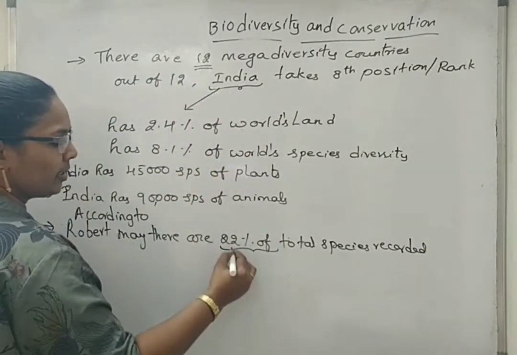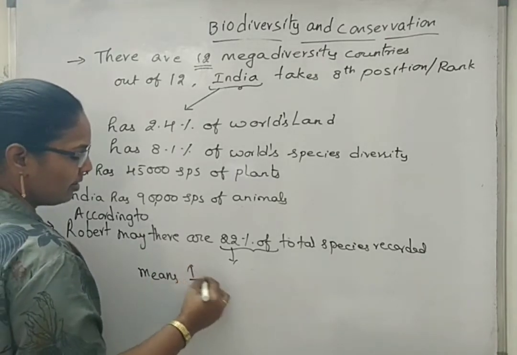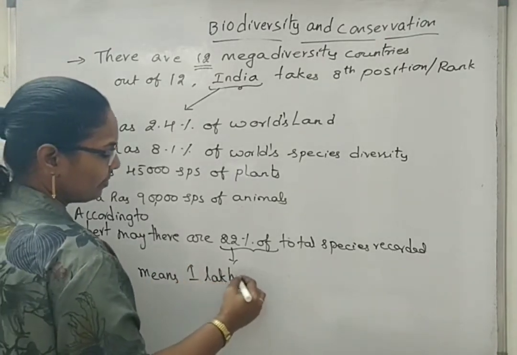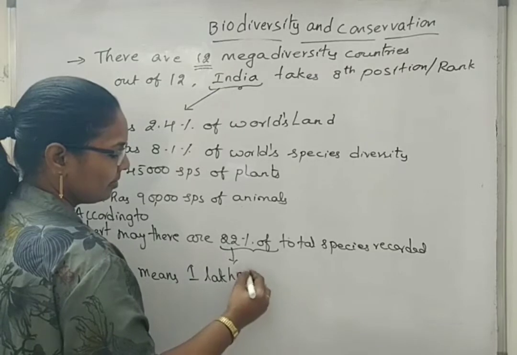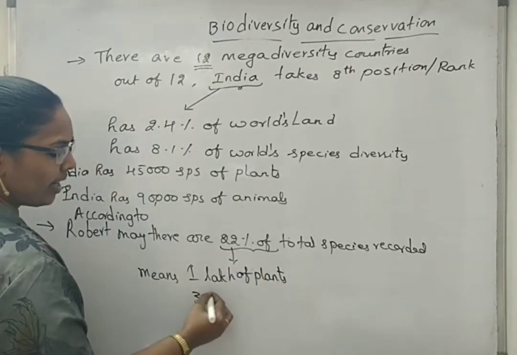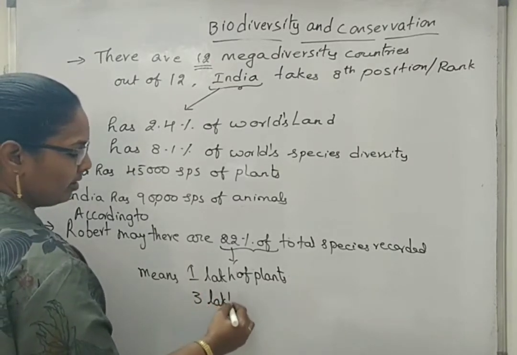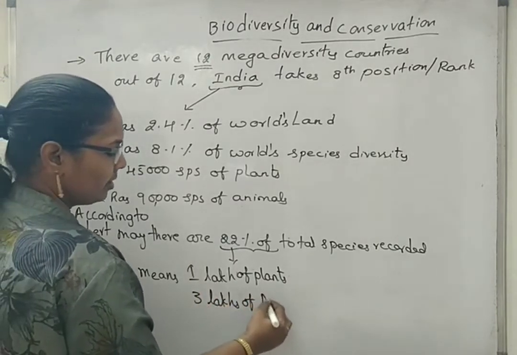This 22%, in numbers of lakhs, means 1 lakh of plants and 3 lakhs of animals, both vertebrates and invertebrates. 3 lakhs of animals.